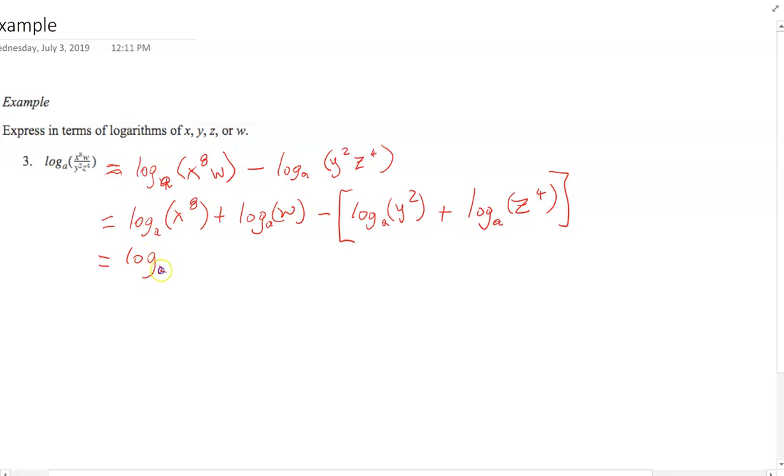We continue working this down. This gives us log base a of x to the 8th, but we can apply the third property here, which is your exponent or power property.